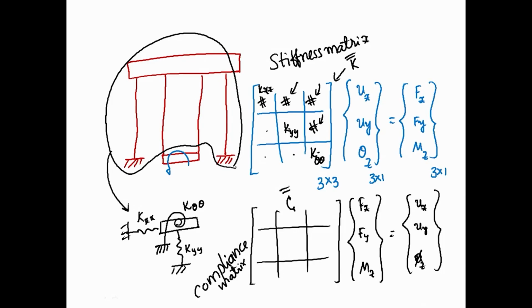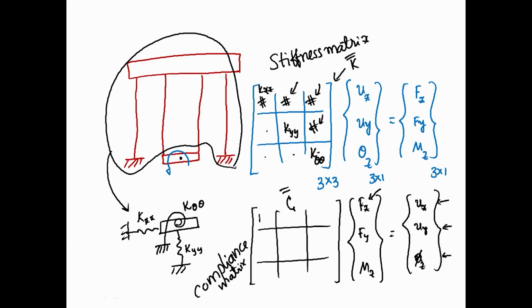In order to get this C matrix, what we will do is we will apply unit force one at a time. We will apply Fx equal to 1. When I do that, at that point in the finite element model, I will have x displacement, y displacement, and theta z, right. So, if I apply unit force in the x direction, I will get displacement in the x direction ux, I will put that there.